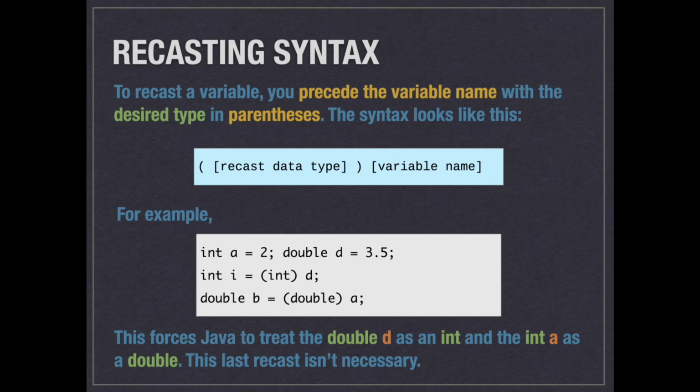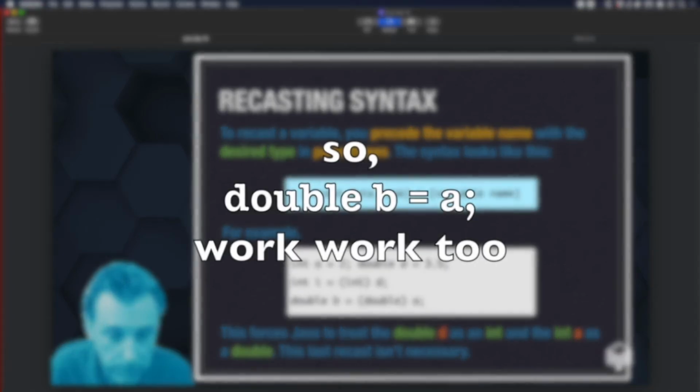But interestingly, in that second example there, double b equals a, you don't need to recast a because a would be promoted. a as an integer is lower on the continuum than the double b. So Java would make that third line of code in the example run without issue using automatic promotion.